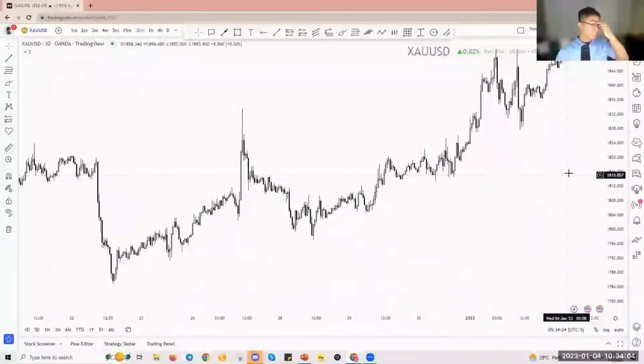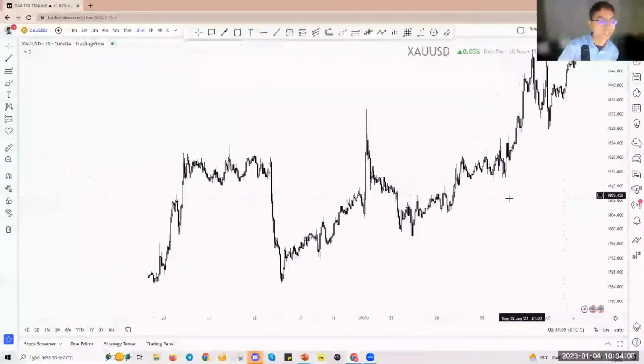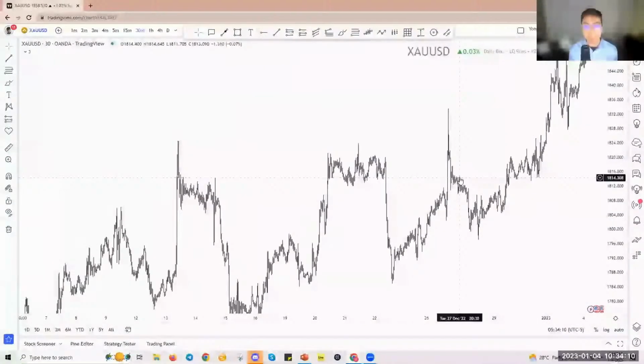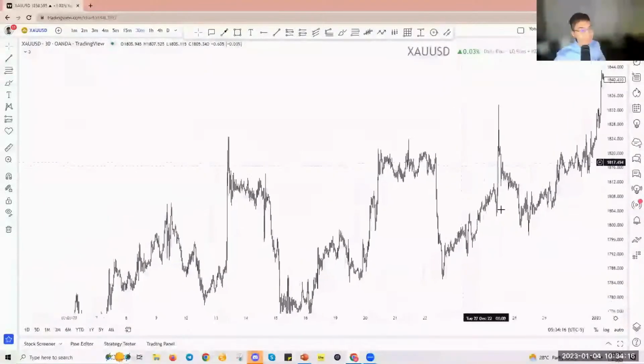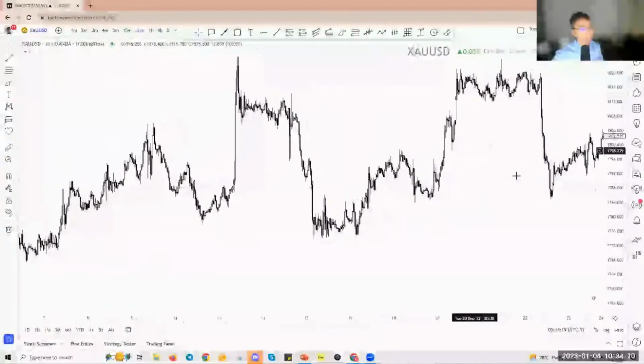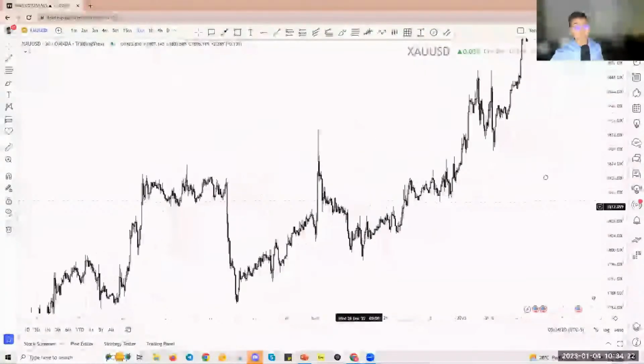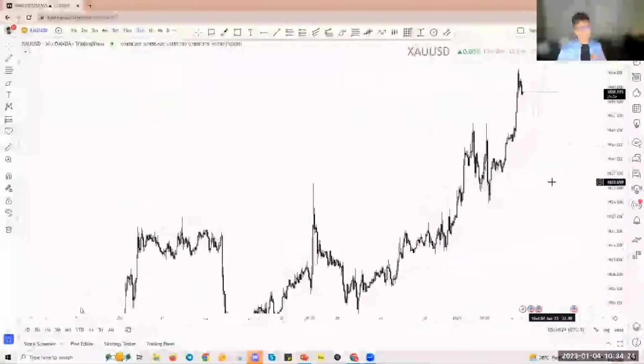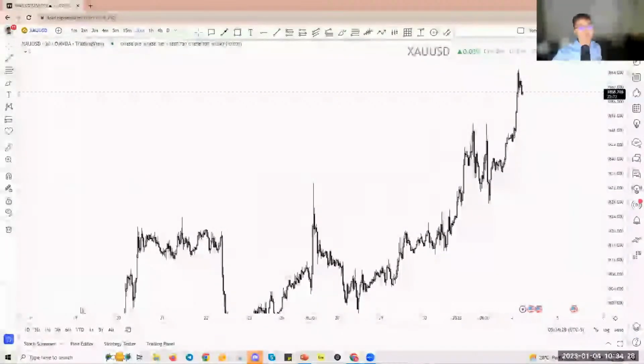For my personal experience, Wyckoff works better on the 1 minute chart. Because on the 30-minute chart, 1 hour chart, 15-minute chart, it's way too long, and any news events can screw up the entire schematic. From my personal trading experience, Wyckoff works well on 1 minute, but it takes a long time to form.